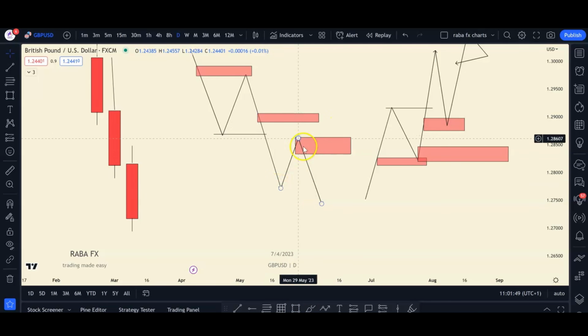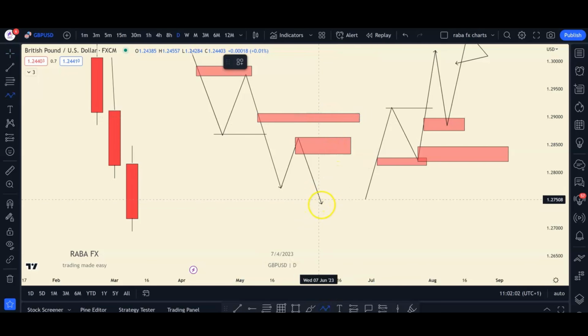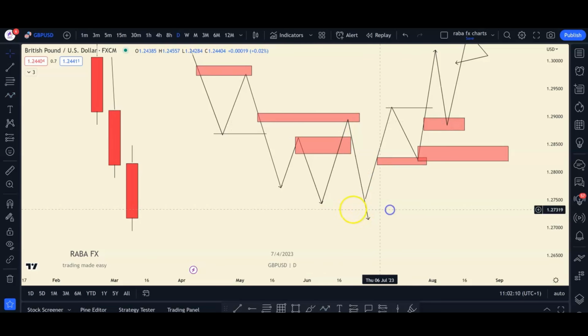Okay, even when this breaks structure, I will not be counting on this point of interest. If for any reason, maybe for a quick scalp, the price simply needs to come back here to mitigate, and that is where most traders get it wrong. Price will come back here, they will look for a trade because it created a break of structure. The price will need to mitigate here before going lower.